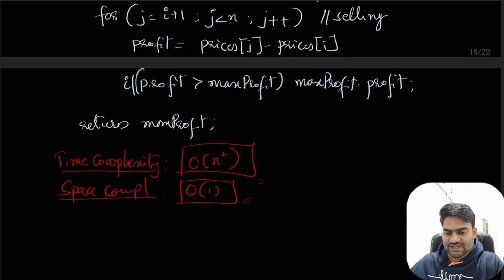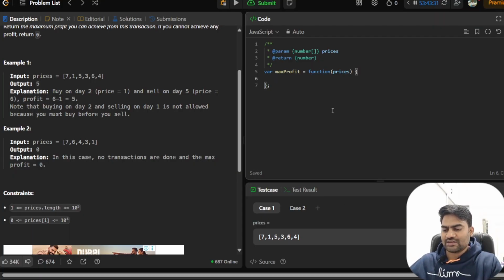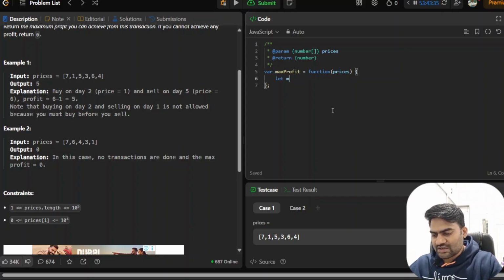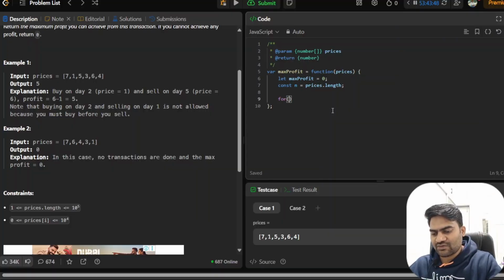I will switch here. Now let max profit be 0 initially. After that, I will take constant n equal to prices dot length. Now I will take a for loop.